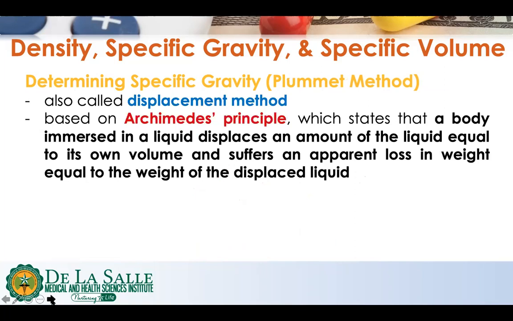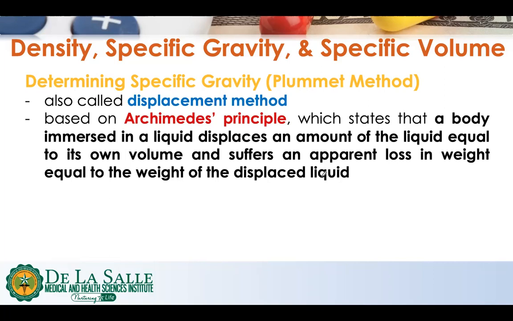Now, the other method of determining the specific gravity is called the plummet method or the displacement method. This method can be used in a wide variety of ways. It can be used in the determination of the specific gravity of liquids and also the specific gravity of solids.